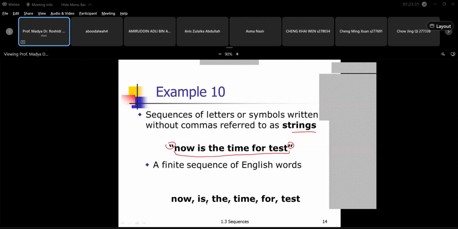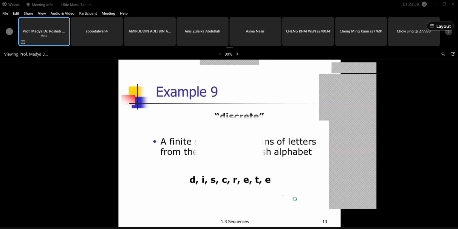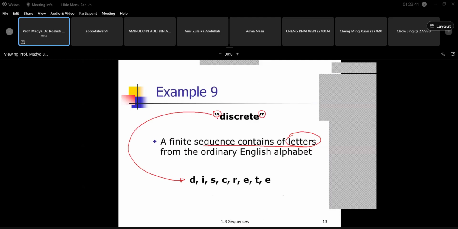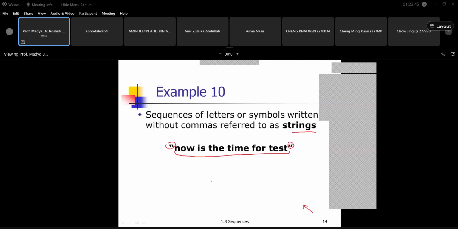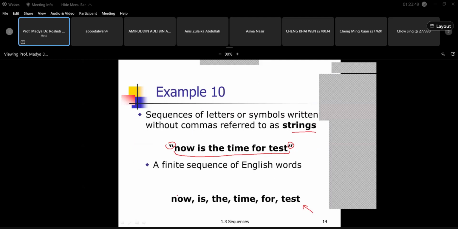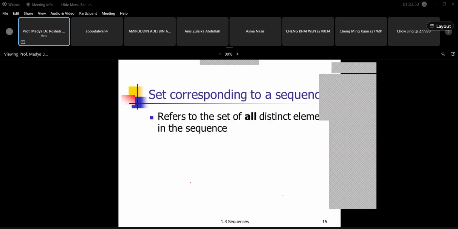So: now, comma, is, comma, the, comma, time, comma, for, comma, test. See how the discrete represents it. If we look at one word, it is represented through letters. If given one sentence, we need to represent it through words. That's the idea of the discrete.